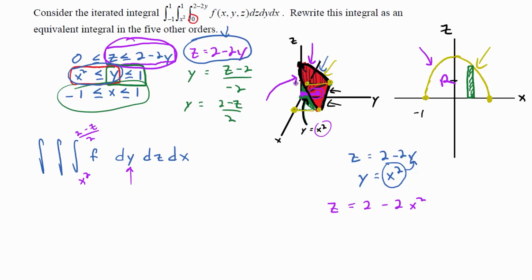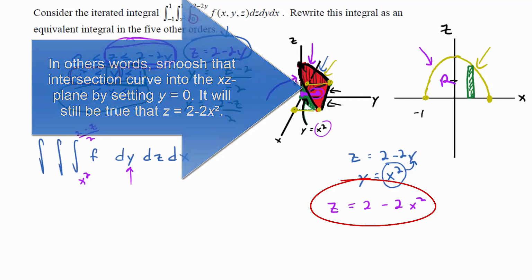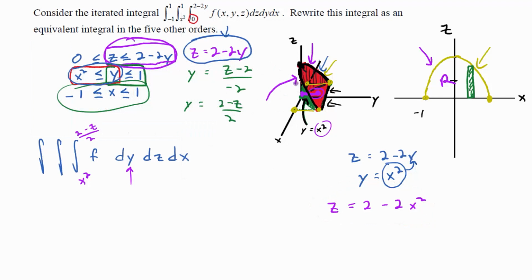Because the boundary curve is on both the plane in red and the parabolic cylinder in green. So that equation is independent of y, so it's not going to change. So it's got to be the equation of the curve in yellow after you smush the solid Q down into the xz plane. Okay, if you believe that, then this is good to go, isn't it?